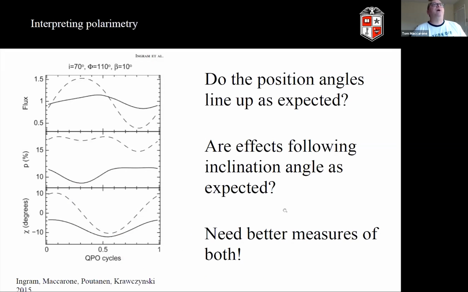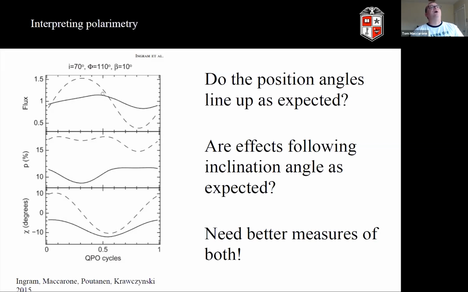All right, so now we want to talk about polarimetry. So one of the nice things that you can do with polarimetry with eXTP, taking advantage of both the timing and the polarimetry capabilities, is to try to understand what happens to the polarization properties as a function of QPO phase. And this is a plot from a paper by Adam Ingram and collaborators.